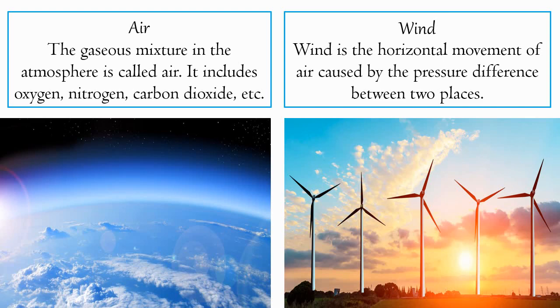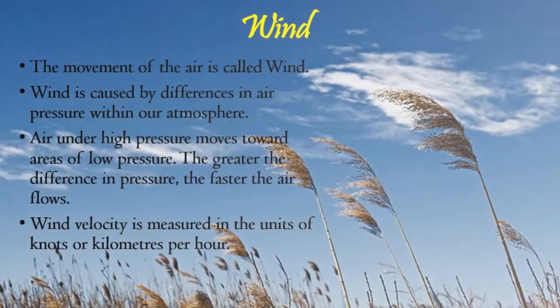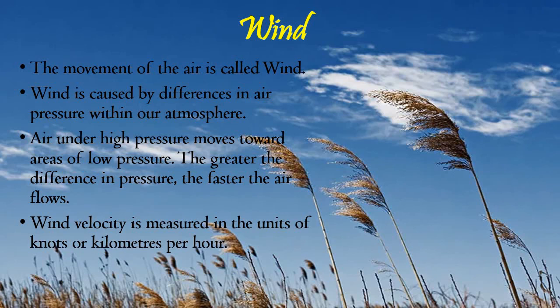It includes different types of gases such as oxygen, nitrogen, carbon dioxide, etc. Wind, on the other hand, is the horizontal movement of air caused by the pressure difference between two places. Wind is the movement of air caused by the uneven heating of the earth by the sun.